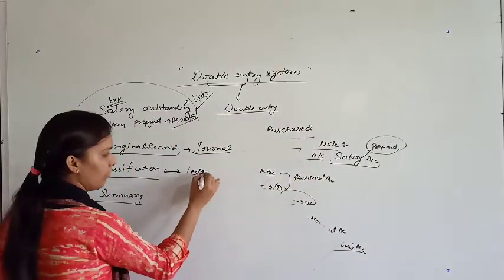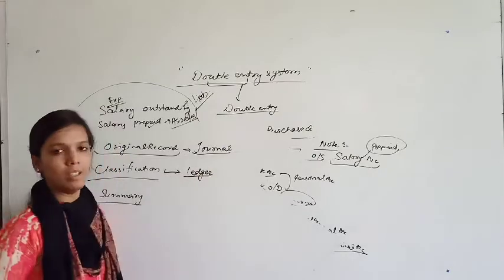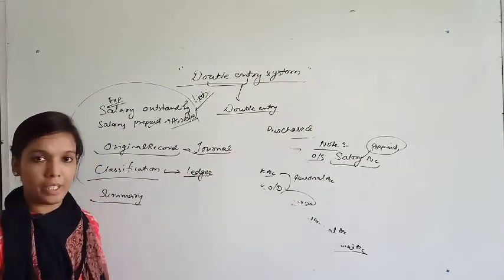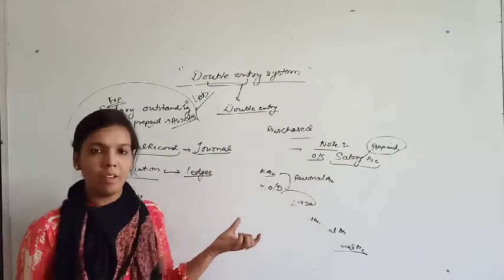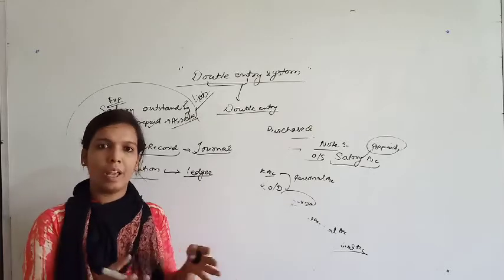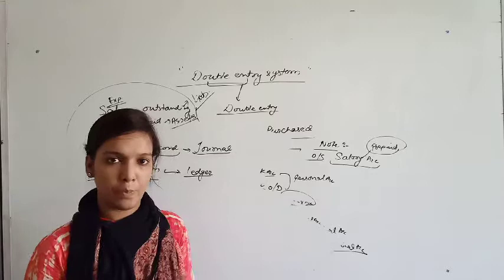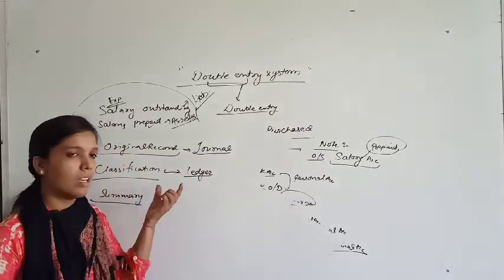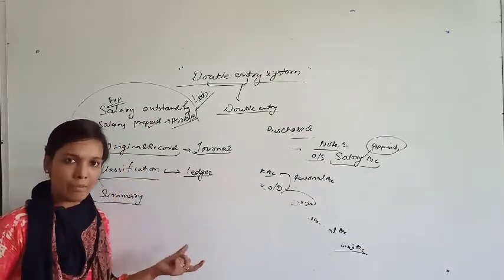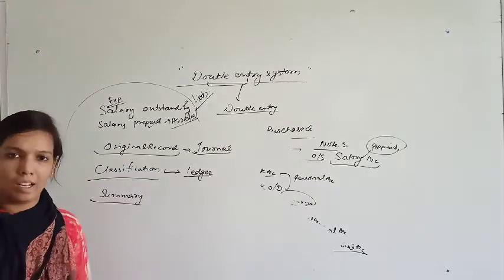Classification. It will be done in the ledger. What is the meaning of ledger? It means we will prepare an account for every transaction: for creditors, for debtors, for expenses, incomes, we will prepare an account for everything. So that is termed as ledger.